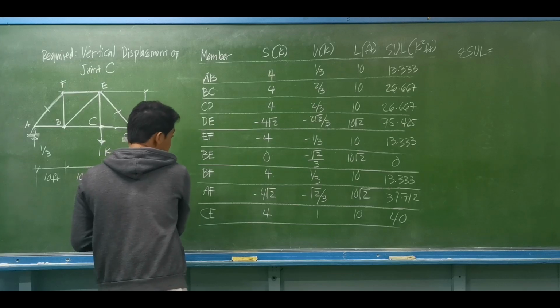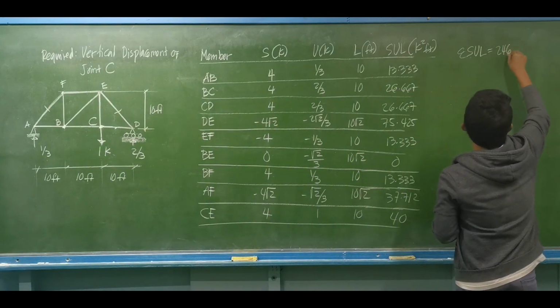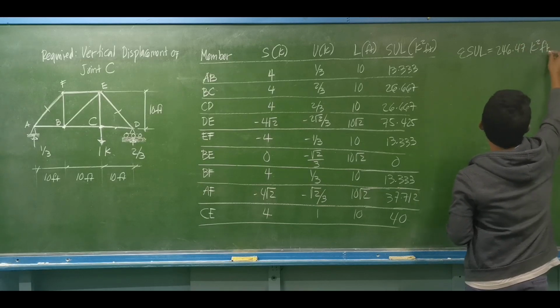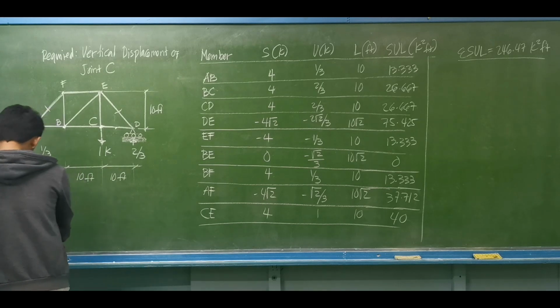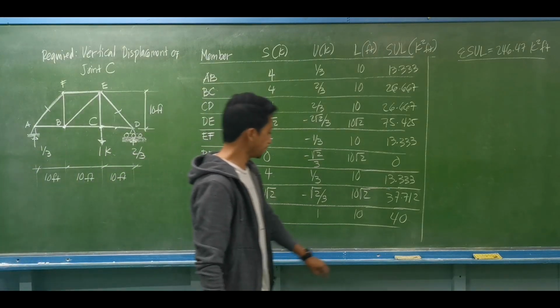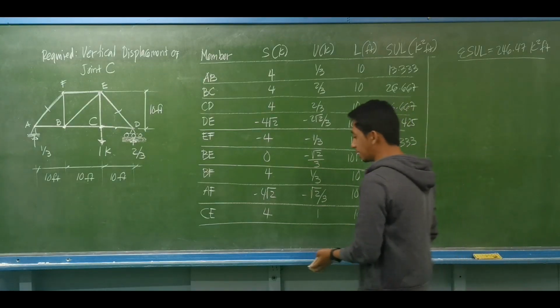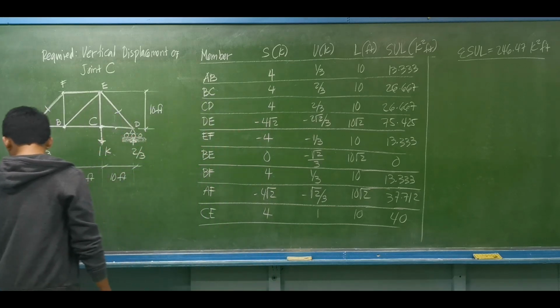So we have the value of 246.47 kip squared foot. Okay, so we have the computed summation of the axial force due to real load, the axial force due to unit load, then the length of each member.